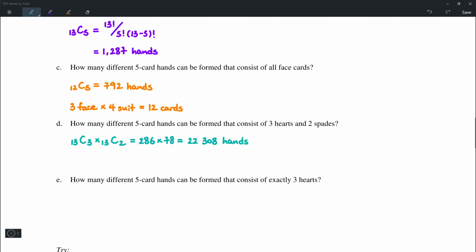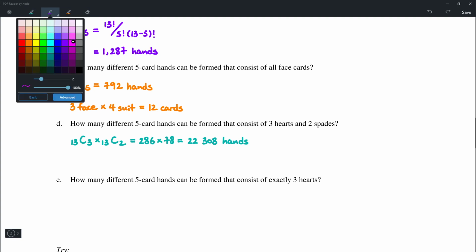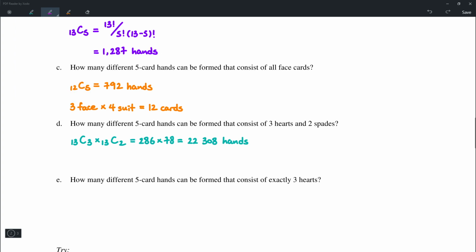Okay. And now the last one is phrased a little bit differently. Exactly 3 hearts. So we're going to choose 3 hearts out of the 13. And the remaining 2 cards cannot be hearts. So there are 39 cards in the deck that are not hearts. We're going to choose 2 of them. Just going to go ahead and write that here, that these are not hearts.